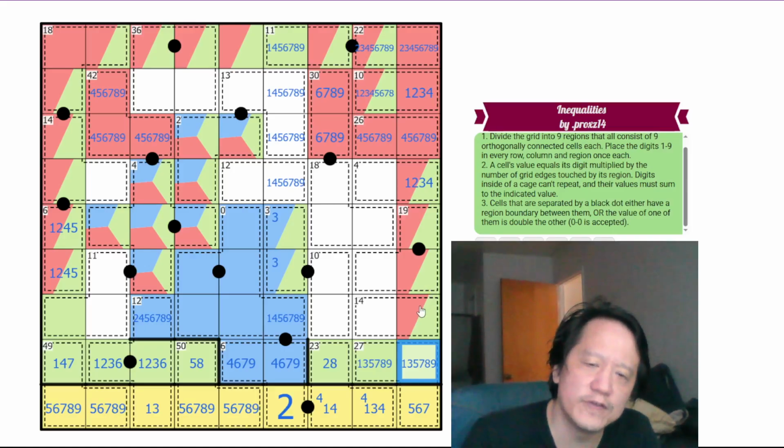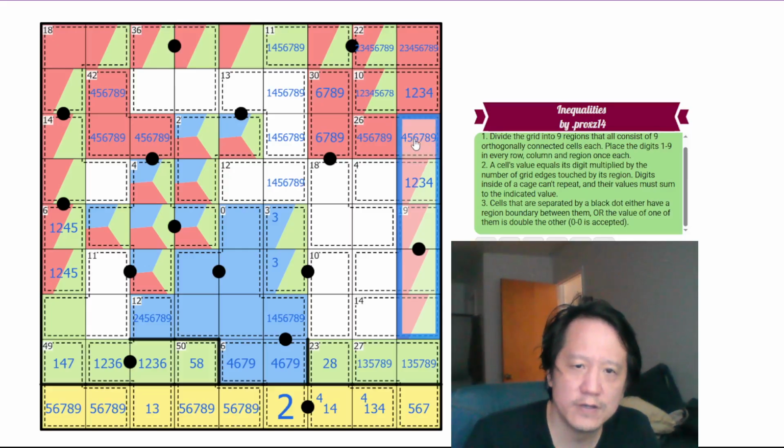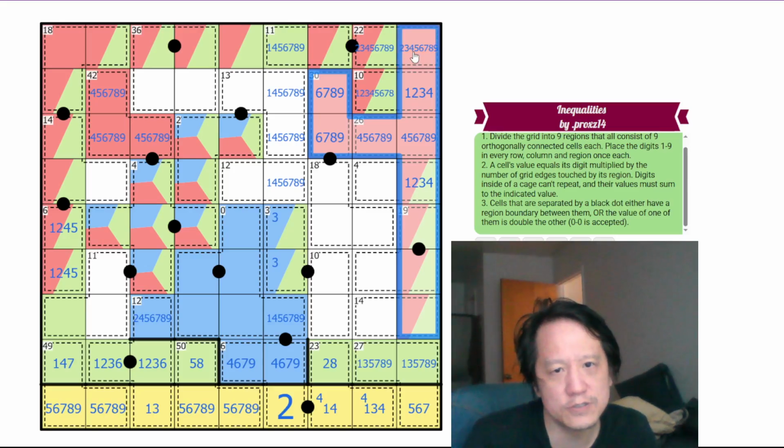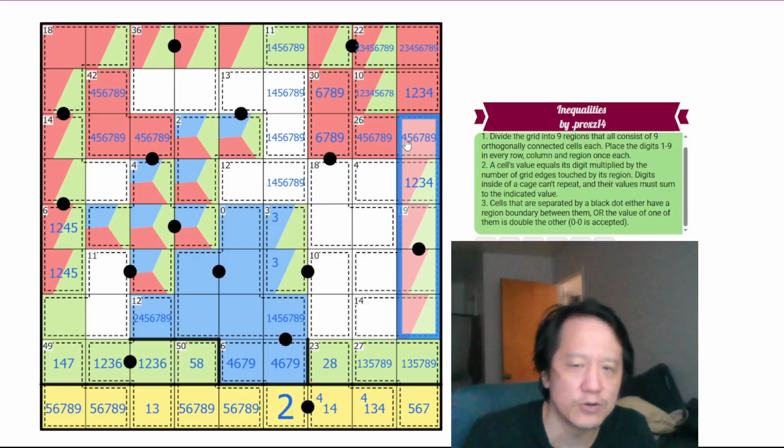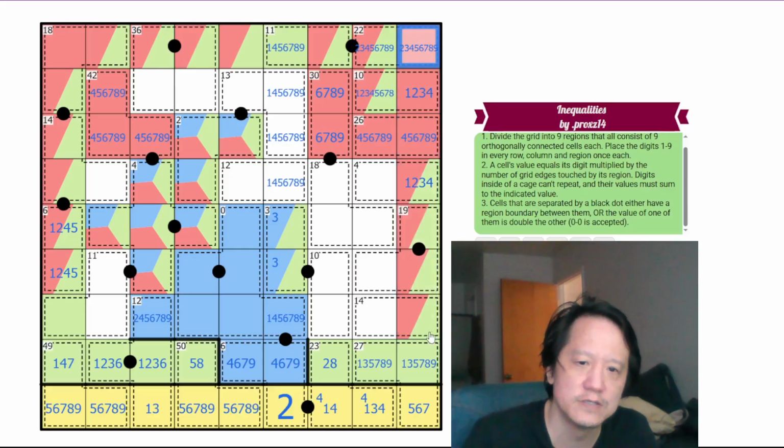Can we have a double here? I think we have the same problem, right? 1, 2, 3, 4, 5, 6, 7, 8, 9, 10. That's too large. And if so, we assume again that this is not part of the same region as this.